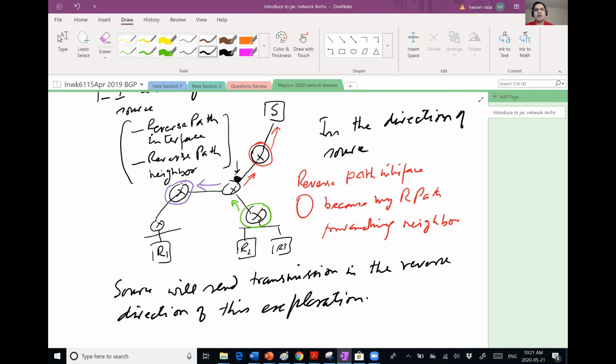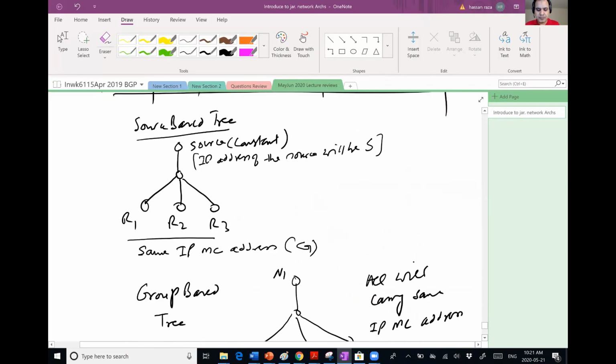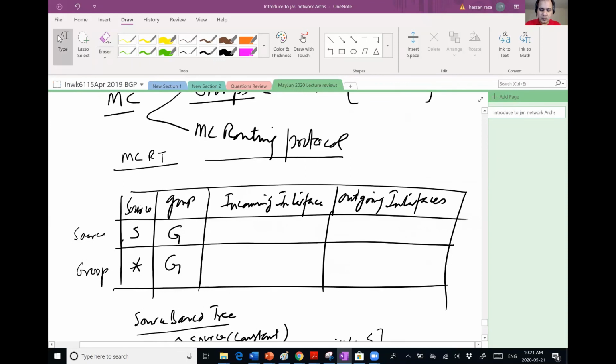So I'm a router which will be part of a multicast. I will determine two things: my reverse path interface and reverse path neighbor. And once I have determined that, I would know which is my incoming interface.